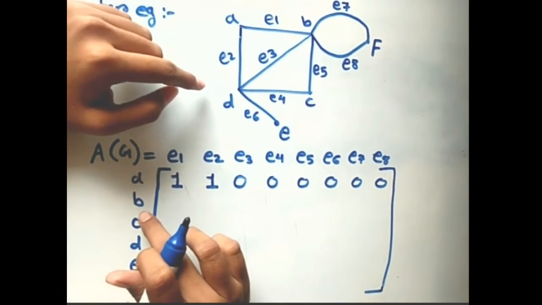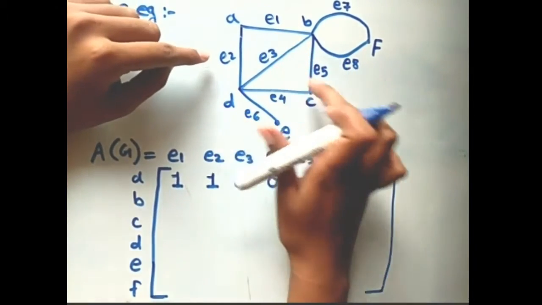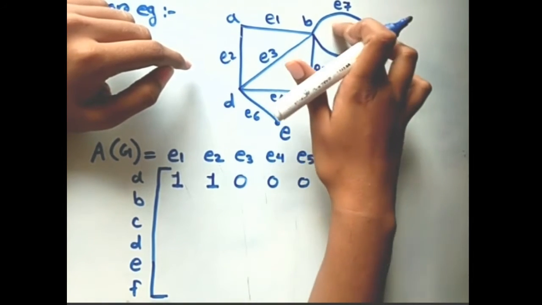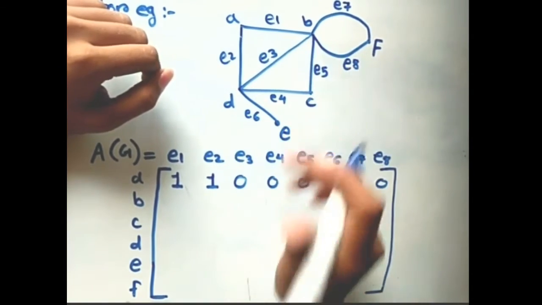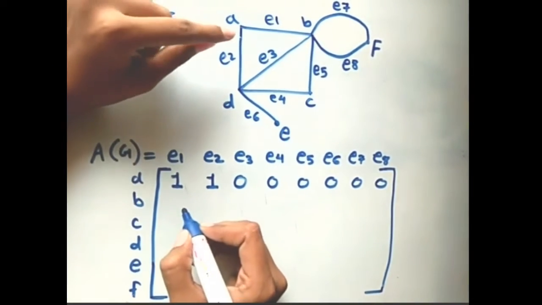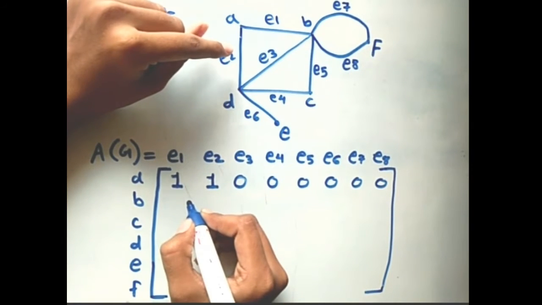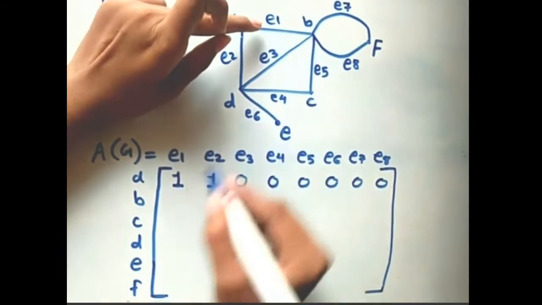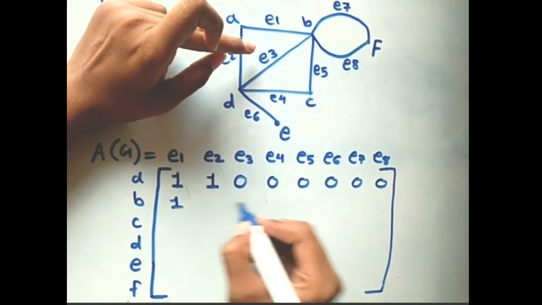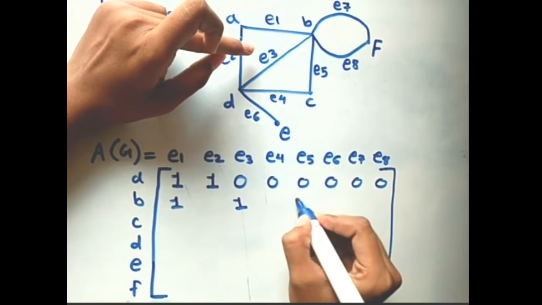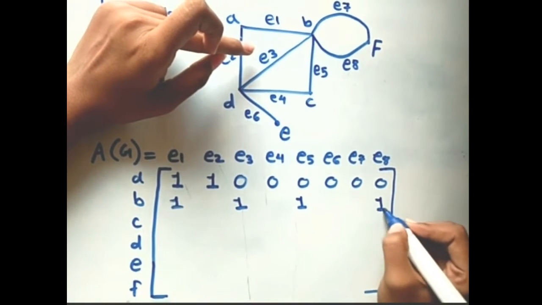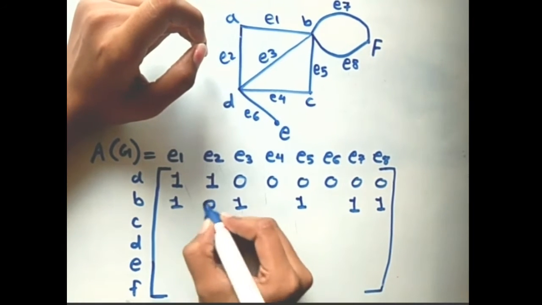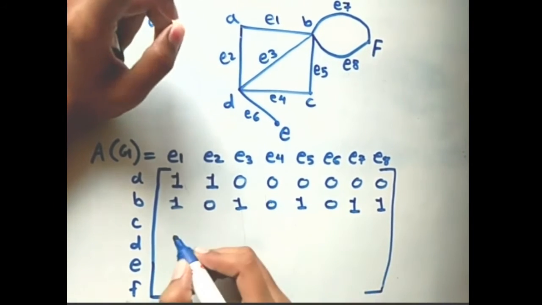Edge E4 is also not incident, therefore 0, and the rest are 0. Now for vertex B, E1, E3, E5, E8, E7 are the edges incident on vertex B, therefore we will write 1 in their positions. Here for vertex B, E1 1, E3 1, E5 1, E8 1, E7 1, and for the others 0.